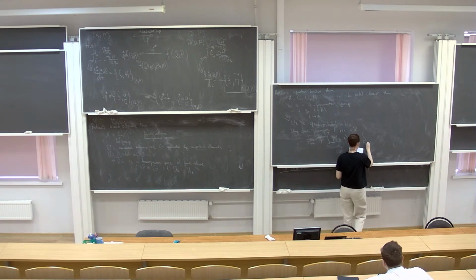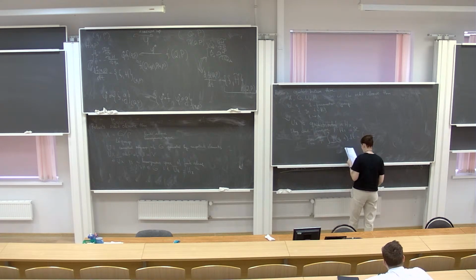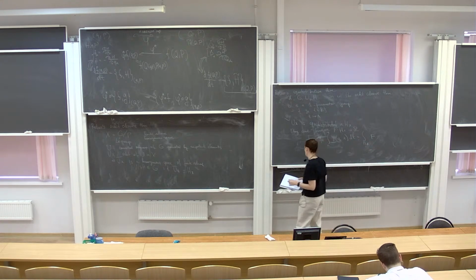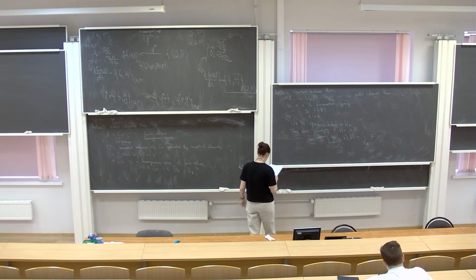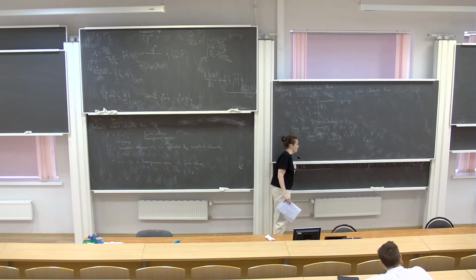It's the same as the integration over the normalized Haar measure on Hx. So this is the second theorem, and then there was the third one, which is also quite cool.